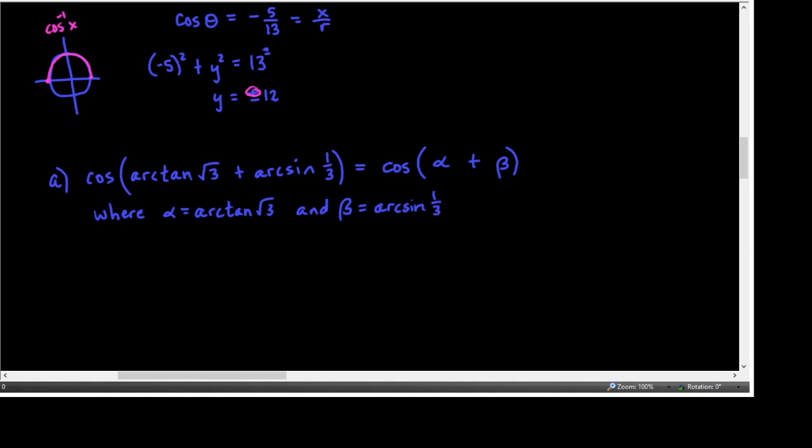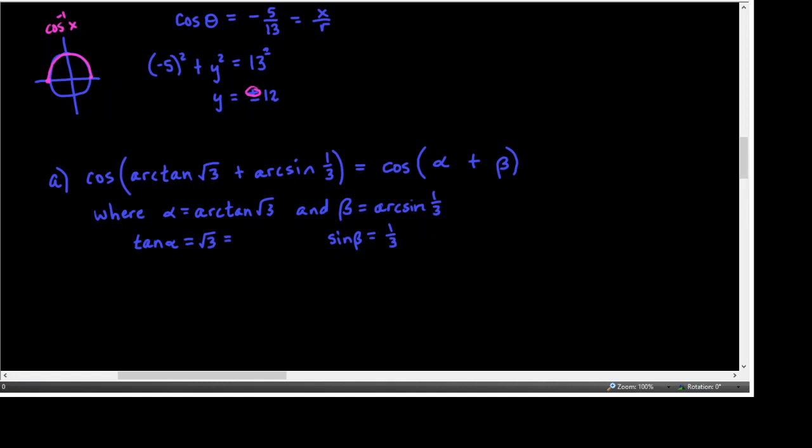So the first equation that I wrote, we can get rid of the inverse by writing that that's the same thing as tangent of alpha being equal to square root of 3. And over here, sine of beta is equal to 1/3.